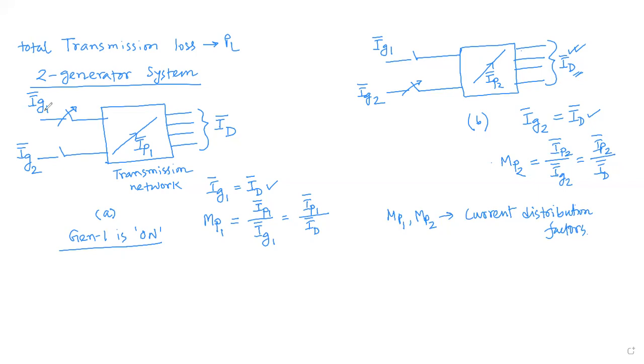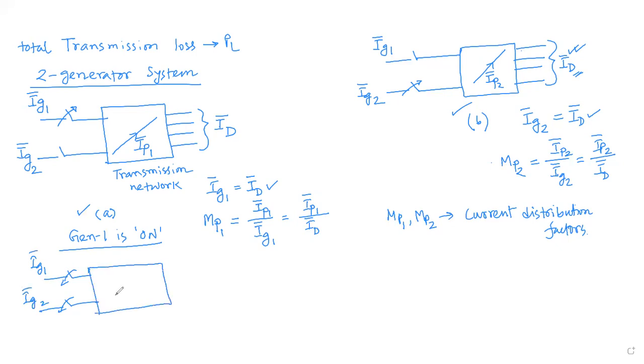We did it for source 1 in case A, and for source 2 in case B. Now we want to see case C, where we turn on both of these sources. This is IG1 turned on, and this is IG2 also turned on.